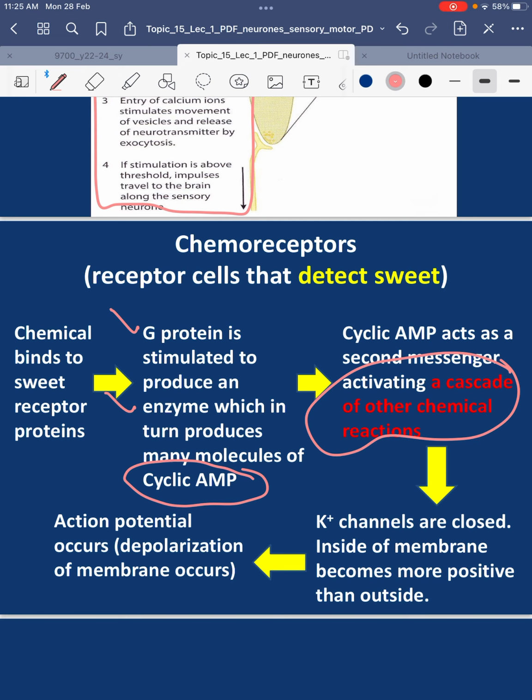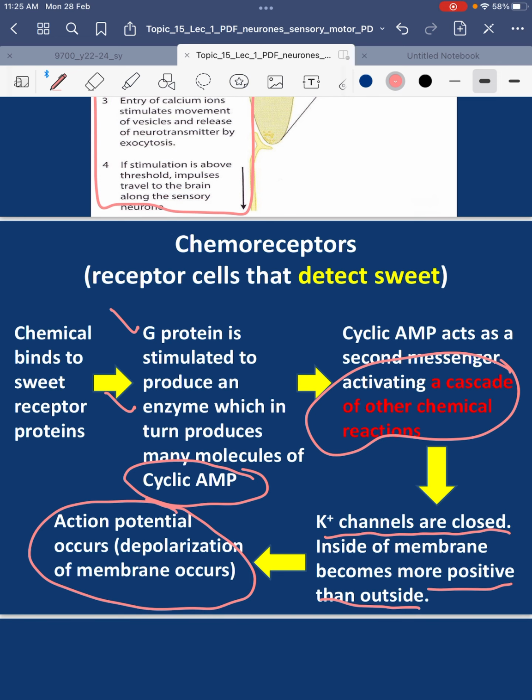And then potassium channels are closed. That means the potassium stays inside the cell. The inside becomes more positive than outside, and so depolarization occurs in the membrane.